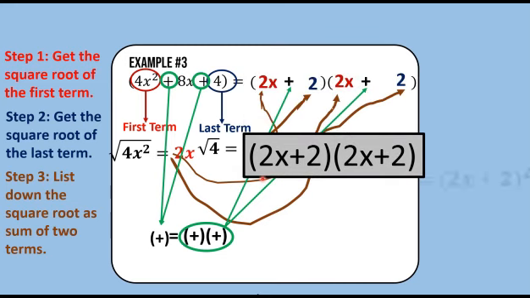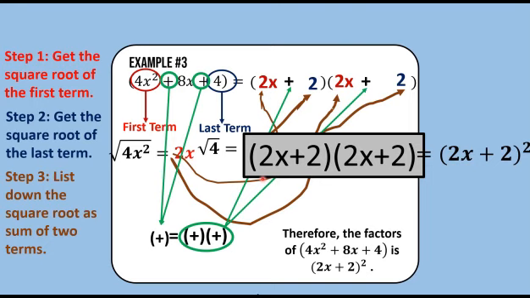Or in simplified form, this becomes the quantity of 2x plus 2 squared. Therefore, the factors of 4x squared plus 8x plus 4 is the quantity of 2x plus 2 squared.